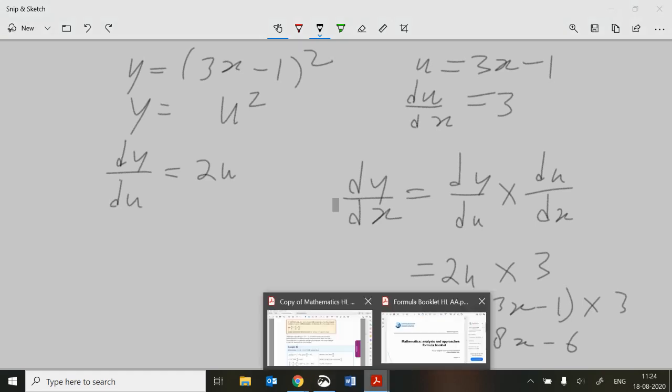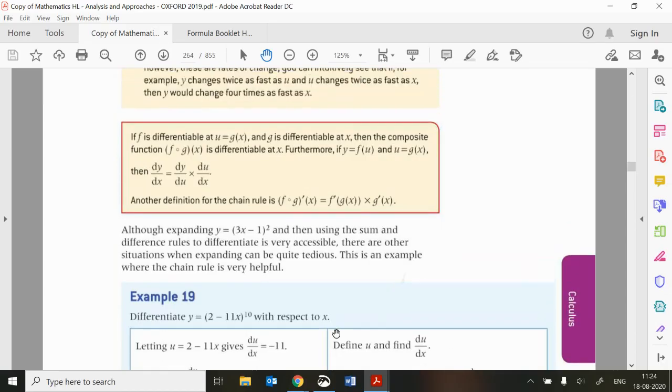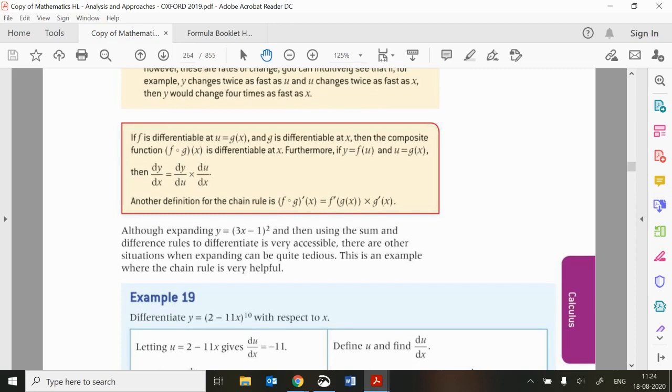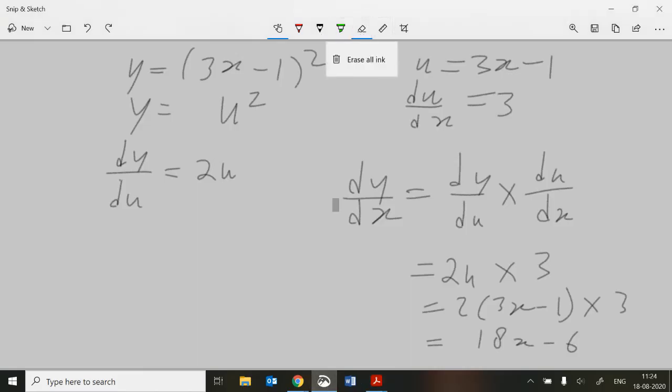And as I said before, there's also the other way of writing this in terms of function notation. I'm not going to do this at the moment, but I'm going to have a very quick look at the proof. And the proof is just pretty straightforward, to be honest. It's saying, well, let's do it in terms of y and u. Instead of saying y is a function of x, let's say that y is defined to be a function of u of x.